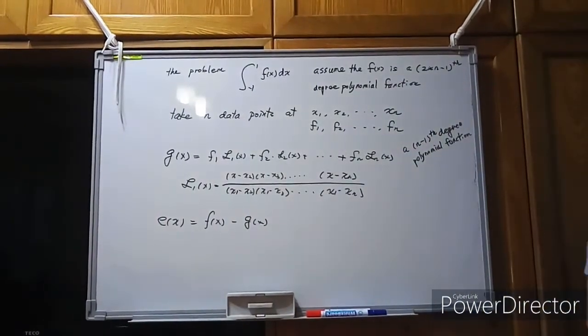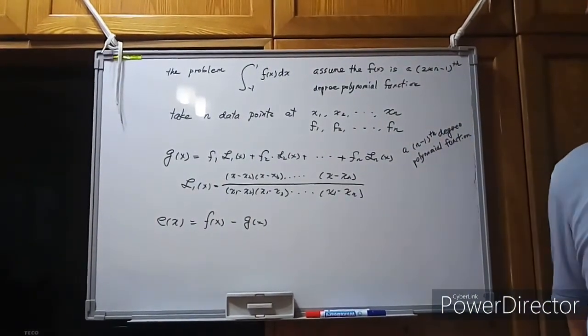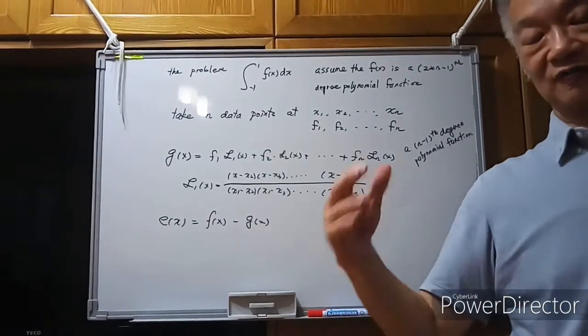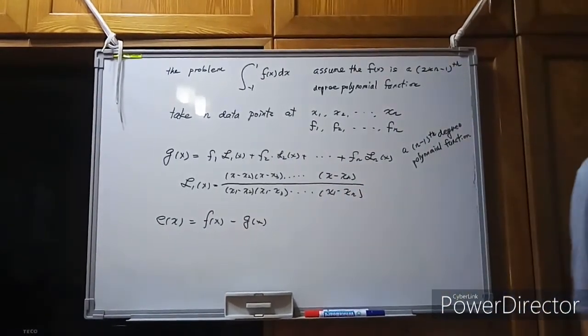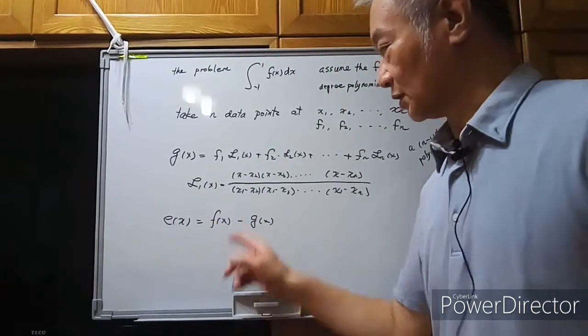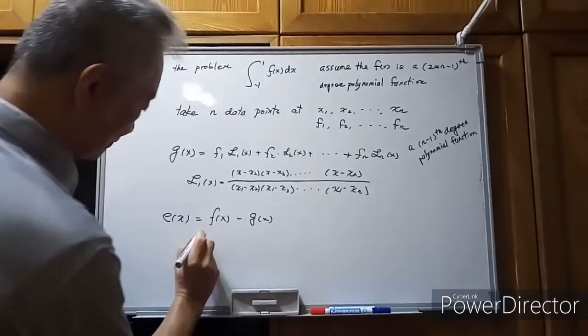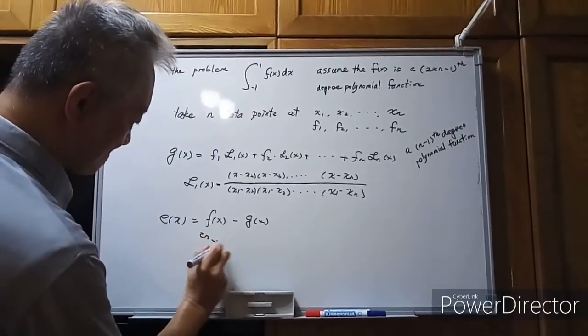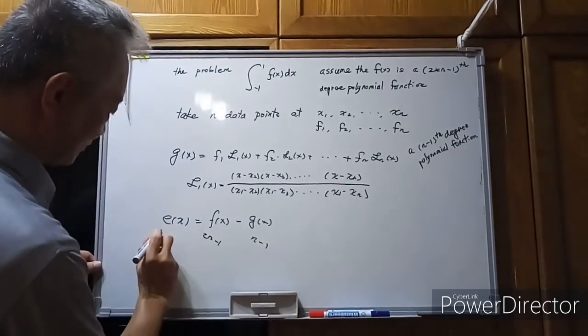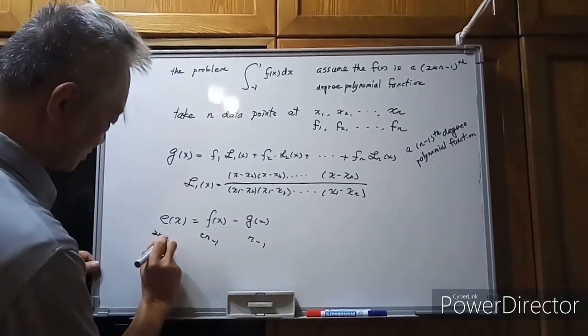The f of x has a higher degree and the g of x has a lower degree. So this one is 2n minus 1, and this one is n minus 1.